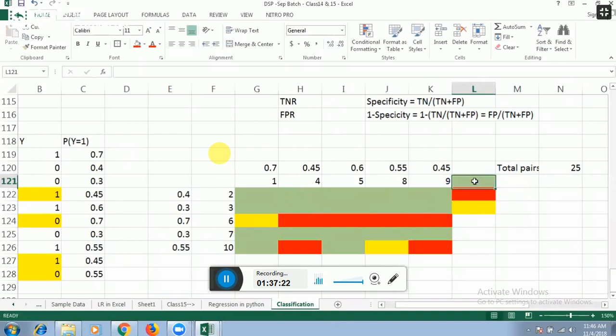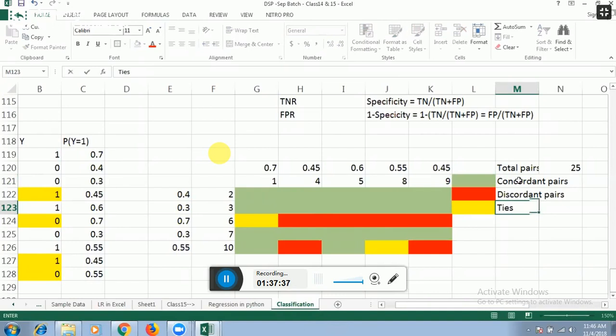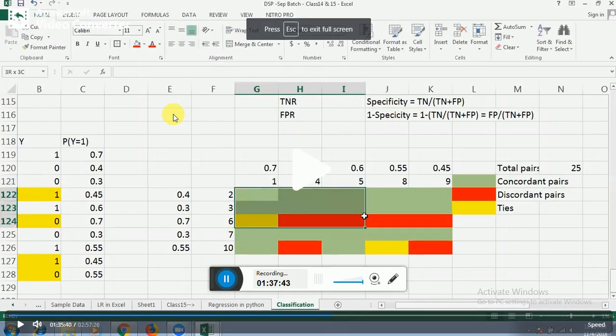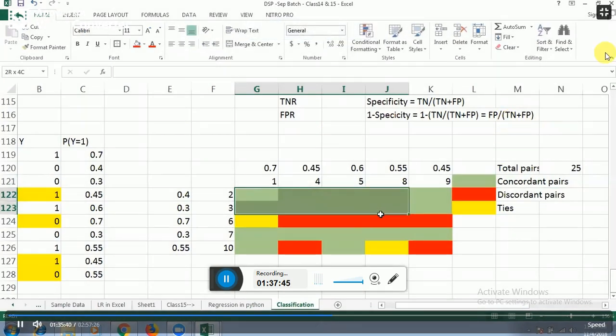A pair that satisfies the criteria, we call a concordant pair. These we call discordant pairs. And these we call ties. Out of total pairs, how many are concordant pairs? 5, 10, 15, 17 in total.